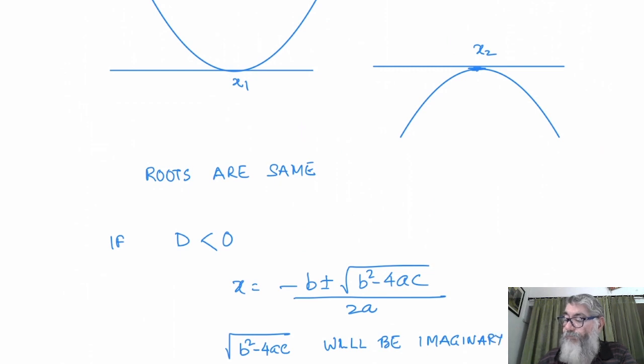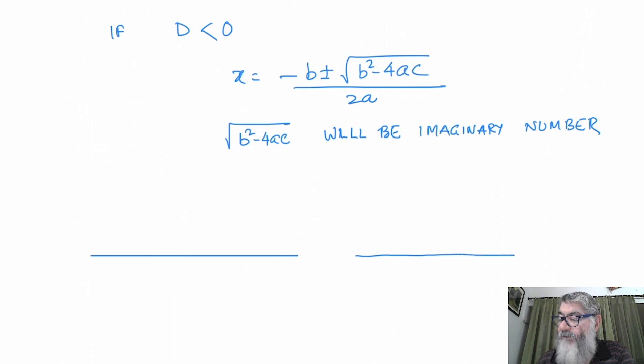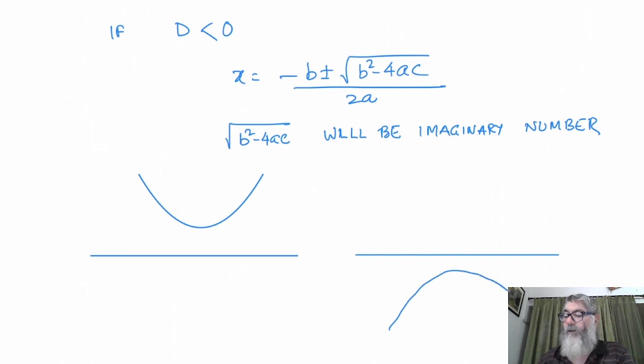And so when it is imaginary, neither is it going to touch the x-axis nor cut the x-axis. So what will happen is, either the curve will be totally above the x-axis or it will be totally below the x-axis, something like this. Because it is not cutting the x-axis, because the roots are imaginary.